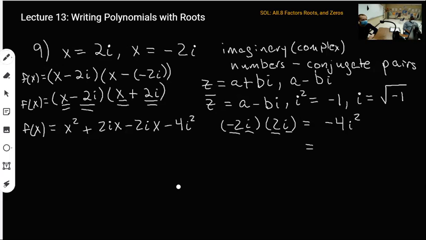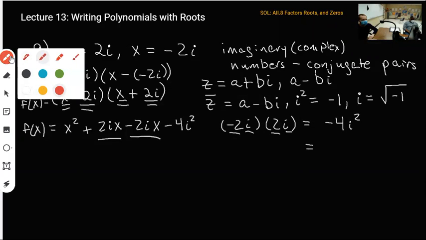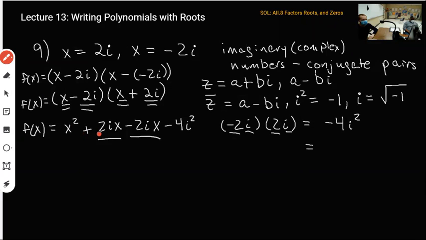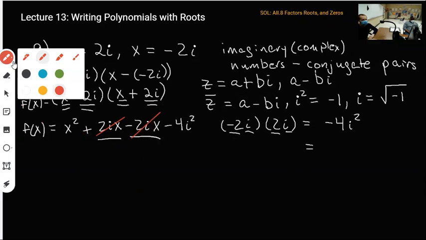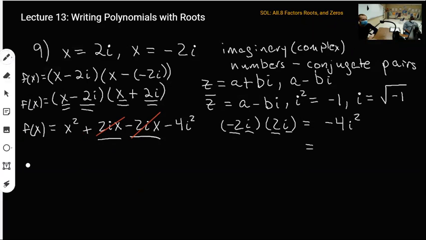All right. So now let's combine the middle two terms. I've got 2ix and negative 2ix. And the interesting thing about those two middle terms is they actually cancel each other out. So I'm going to cross out the positive 2ix and the negative 2ix. They cancel each other out.